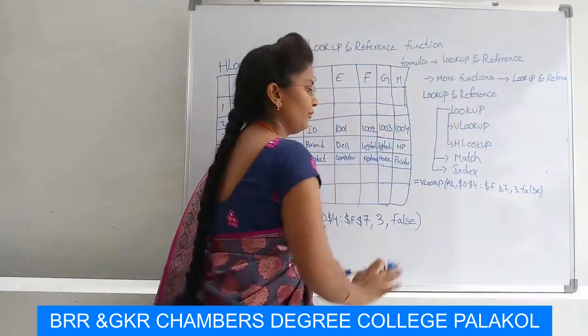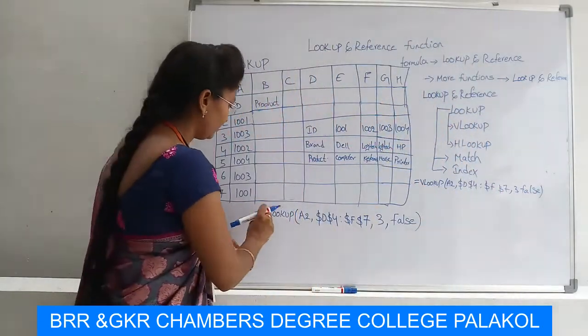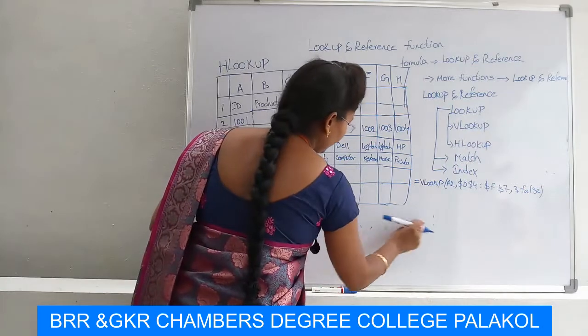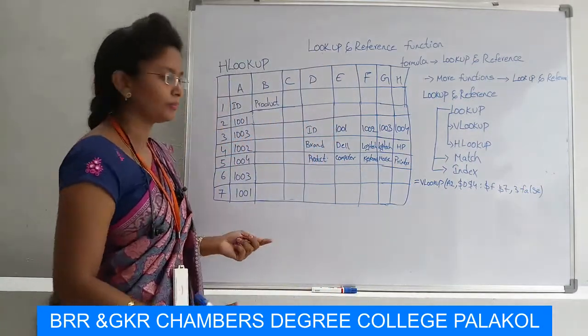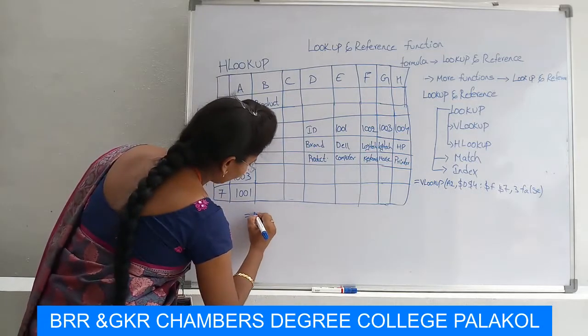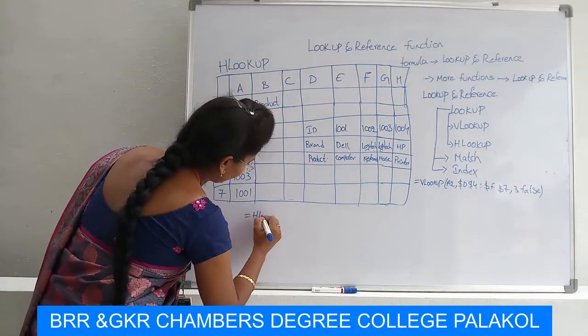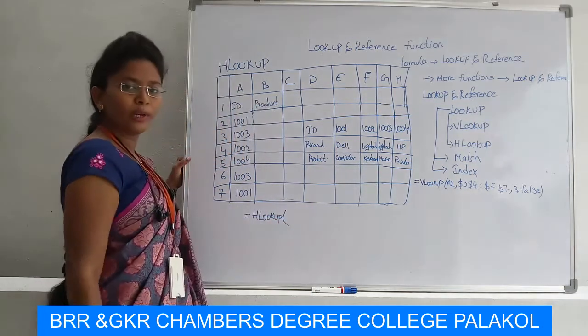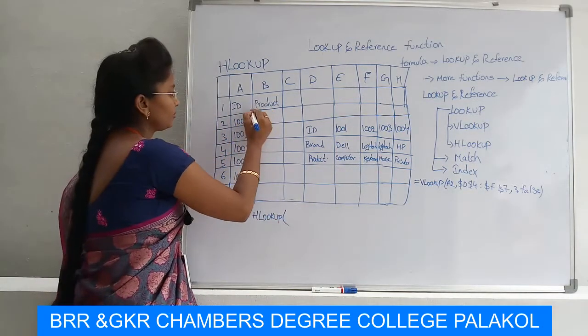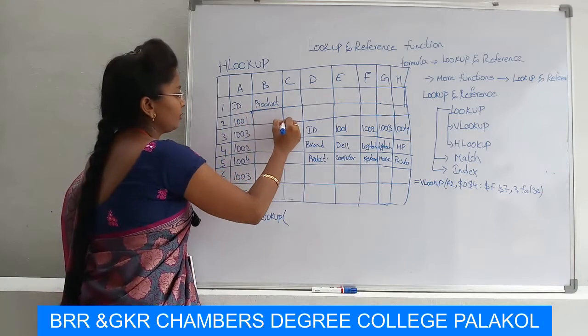This is for VLOOKUP. And here I have to enter the horizontal lookup formula. Equal to simply HLOOKUP, bracket open. I have to enter the result over here.